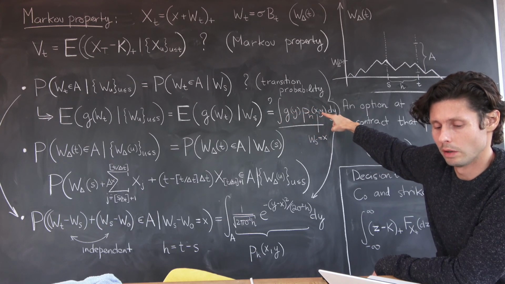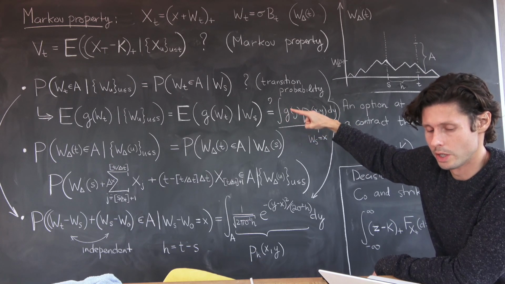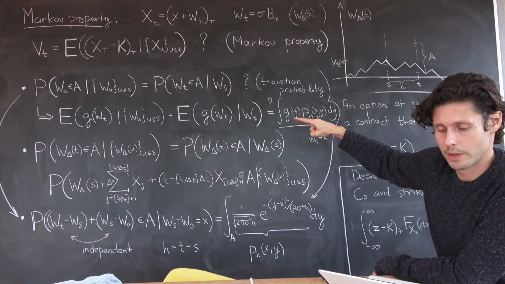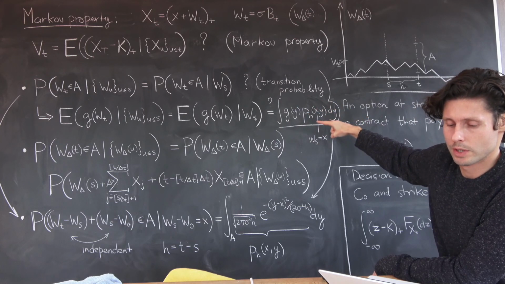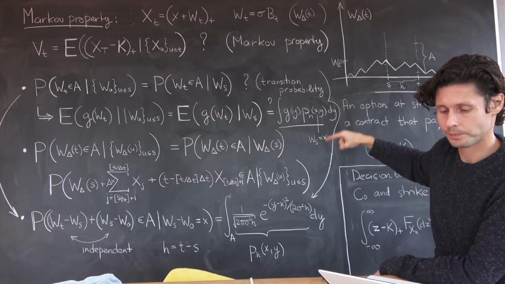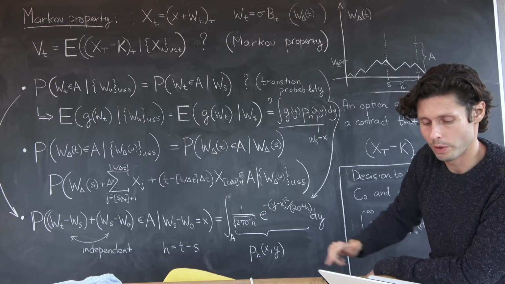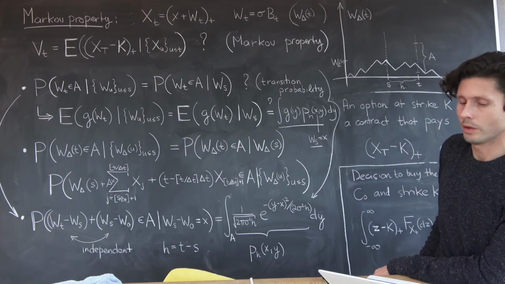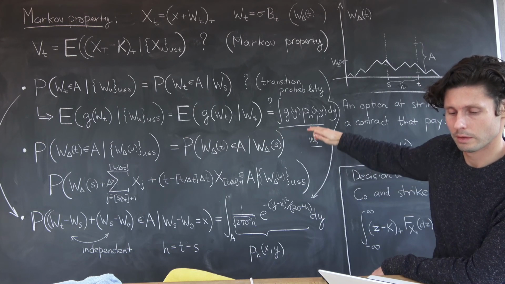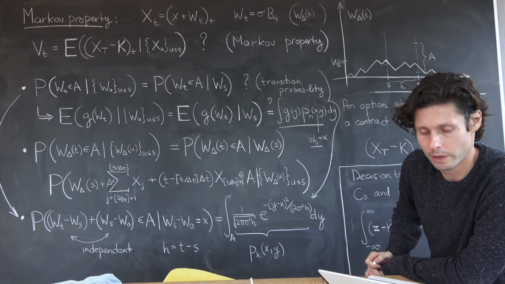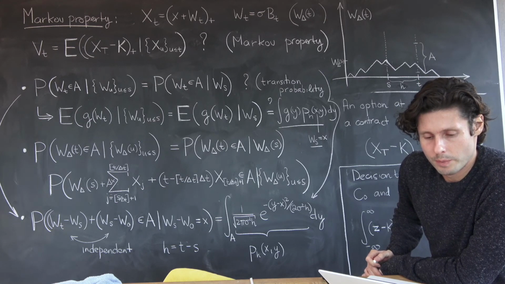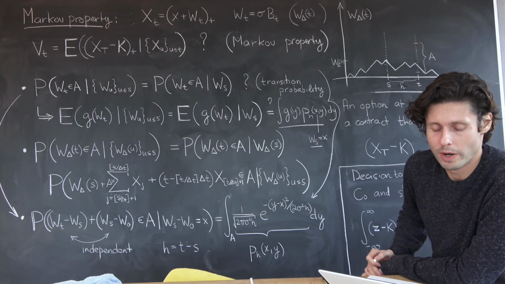You know exactly all of these terms: presumably the g function that you're trying to integrate over, and we now just discussed how to get our transition probabilities p(x, y), and so this is where you start, and you can evaluate what the integral is. So as the last piece, let's discuss why the Markov property of the Brownian motion holds.